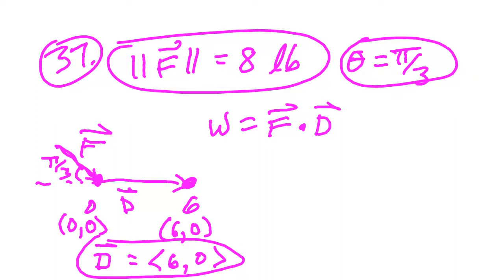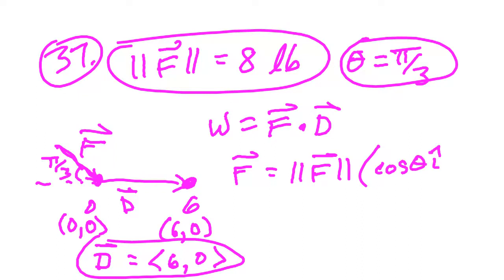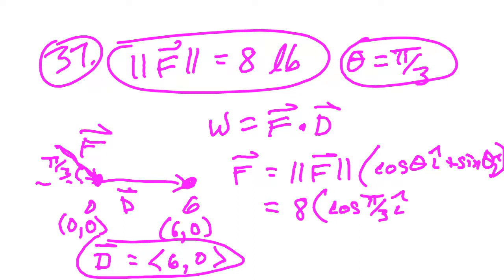So the force vector is going to be the size of the force vector times, if you remember the components of a vector, cosine theta i plus sine theta j. That was back from section 1, I believe. So this is going to be 8 times cosine of pi over 3 i hat plus sine of pi over 3 j hat.